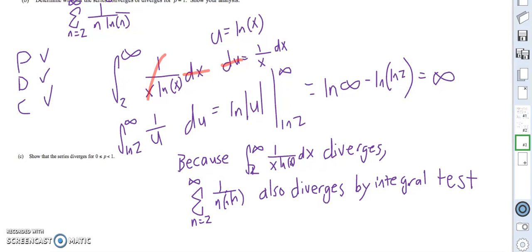And maybe I need to throw in there these things. I should tell the grader, hey, I did check these things.